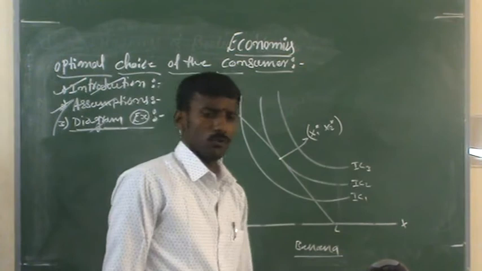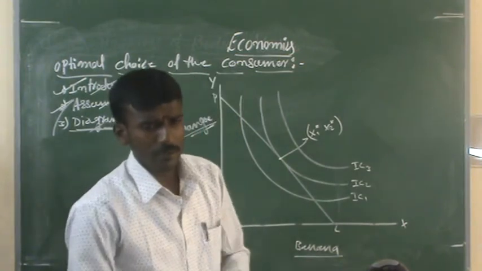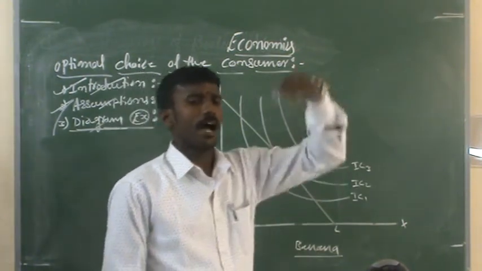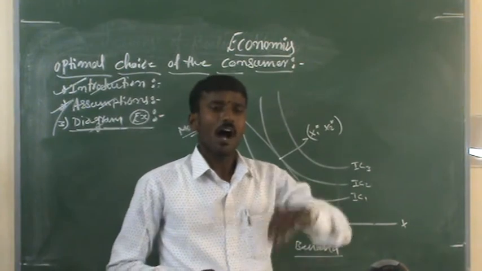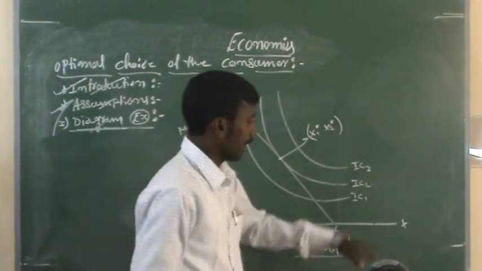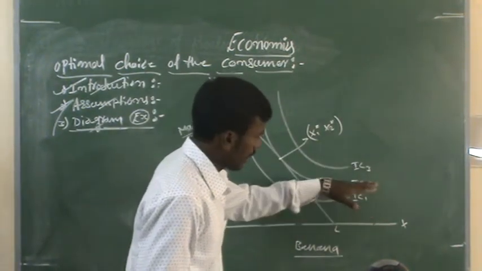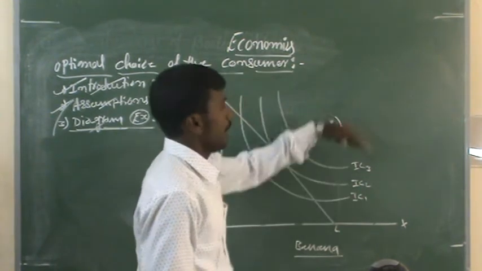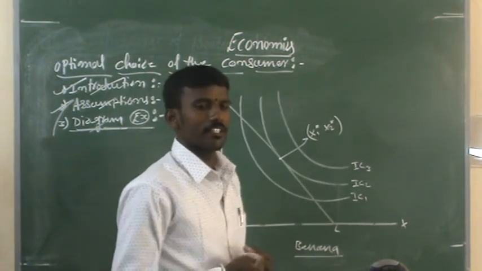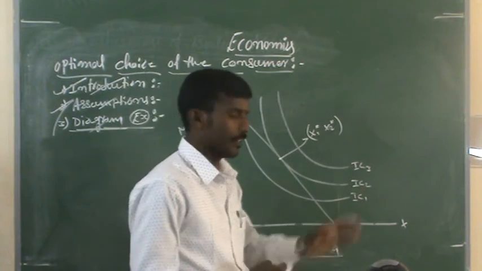See, how do you know that? The lower indifference curve gives a lower level of satisfaction, and the higher indifference curve gives a higher level of satisfaction. We already know this.